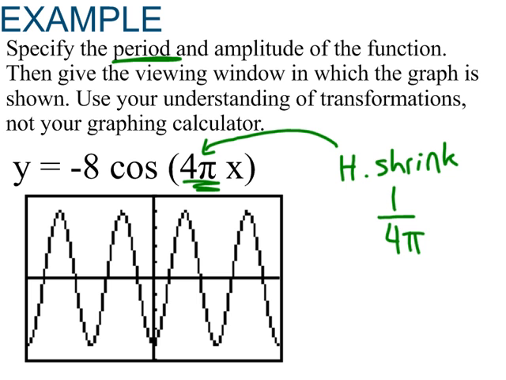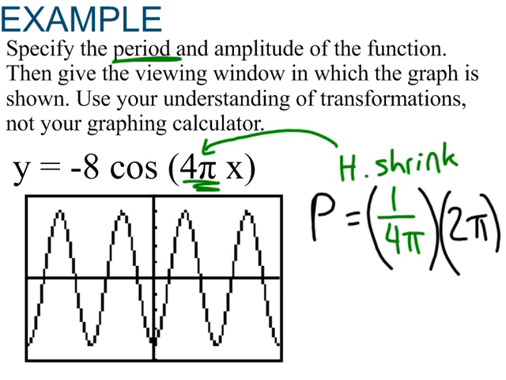So, similar to what we did in the last example, if the original period of a sinusoid is 2 pi, and I'm horizontally shrinking it down by 1 over 4 pi, my new period is going to be 2 pi, the original period, times that horizontal shrink factor.